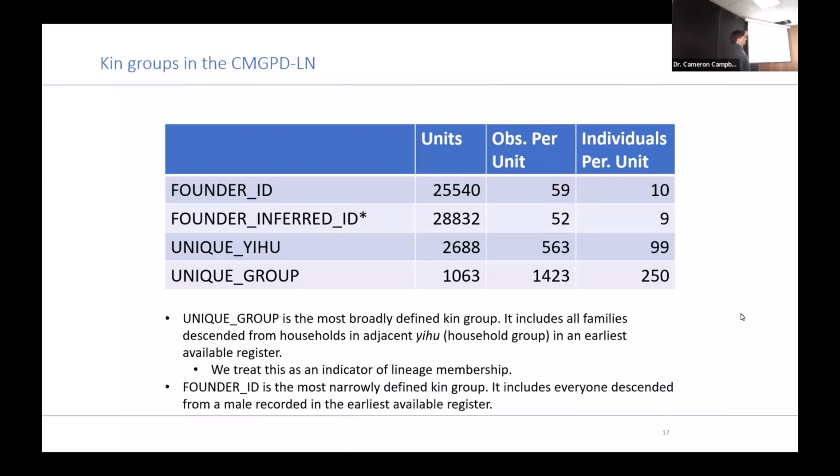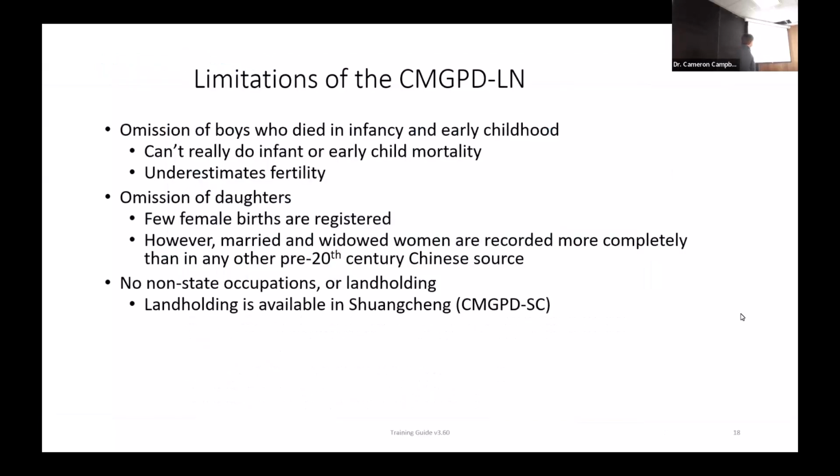For people in the very first register, even though we don't know the names of their parents, there's other information in the register that lets us infer that they're all actually related and have a common male ancestor. So that's how we can take these 250,000 people or so and divide them into about 1,000 groups where they in principle have a common male ancestor.